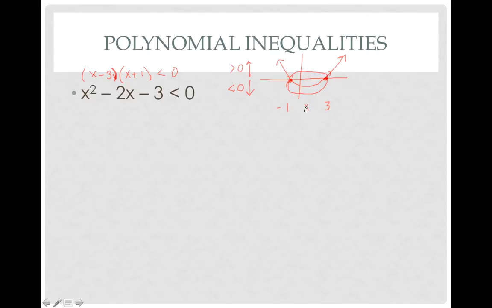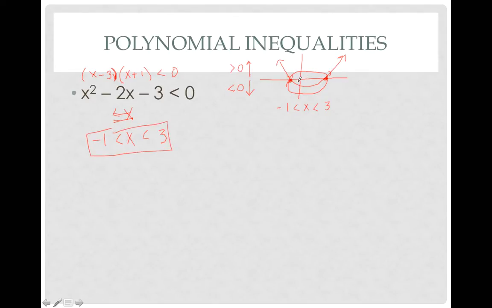So as an inequality, we would say x is between negative 1 and 3. And that actually is our answer for this particular case. x has to be between negative 1 and 3 in order for this statement to be true. So that would be our answer.